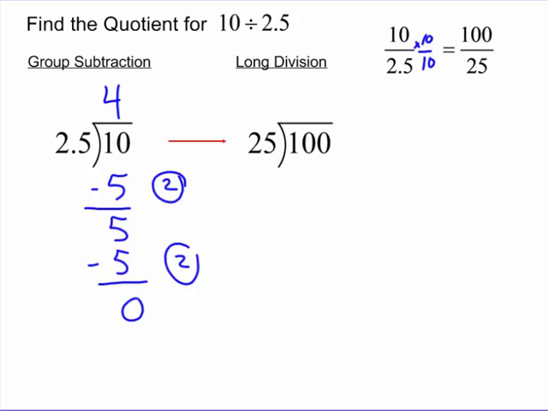We're going to multiply both top and bottom by 10. And the reason I choose 10 is I want to make the decimal place move one place to the right. So when I multiply the top and bottom by 10, I get my 100 over 25. And then I can set this up as a long division problem, and I might be comfortable enough to say, hey, 4 groups of 25 fit inside 100, and I have my answer.